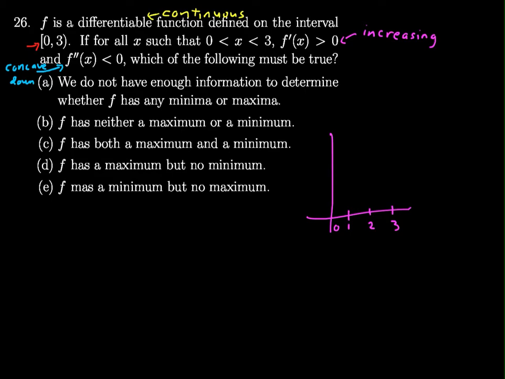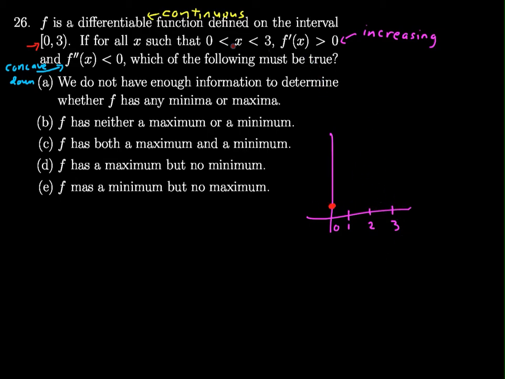But here's the first thing. From this interval, I know I include this f of 0. So I don't know where it is, but it's somewhere and it's included. Second thing I notice, I don't include f of 3, but I don't necessarily know from just this whether it's going to be above, level, or below f of 0.